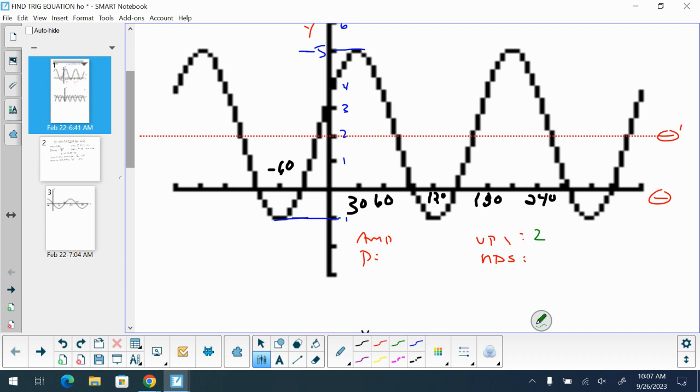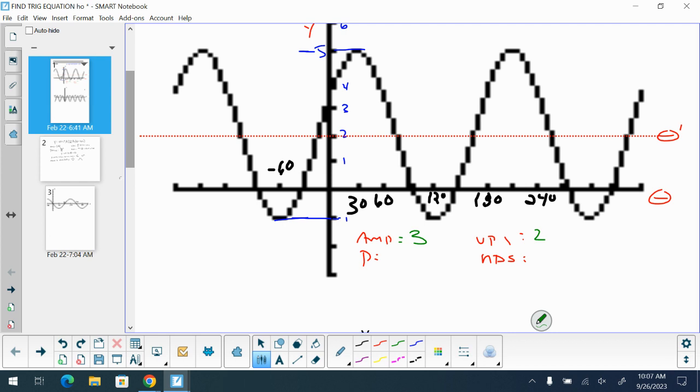At what y value is my neutral axis? 2. Where are my peaks? 5. Where are my valleys? So what's my distance from my neutral axis to my peaks and my valleys? 3. So we have an amplitude of 3. Next thing.